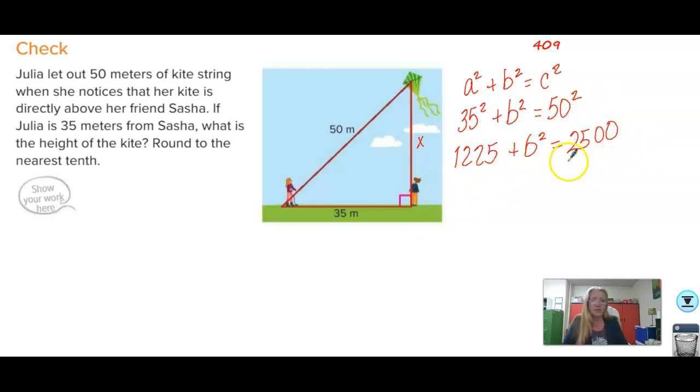Now we're going to subtract 1225 from both sides. And we get that b squared is equal to 2500 minus 1225, 1275. Our last step is to take the square root of both sides.